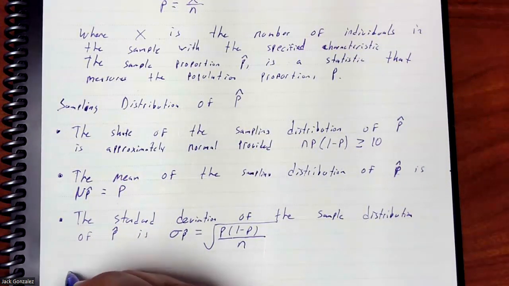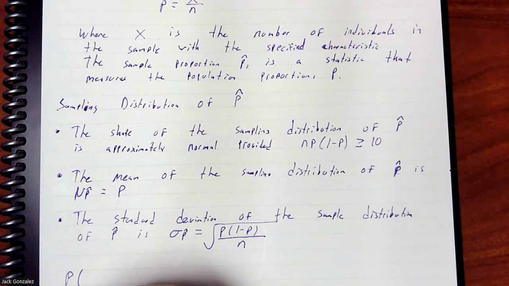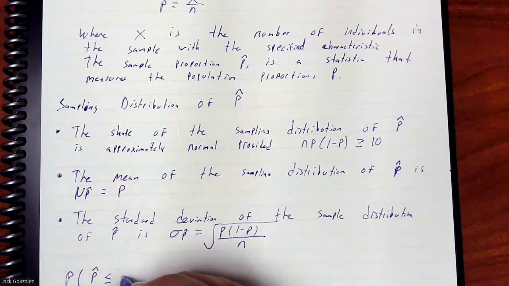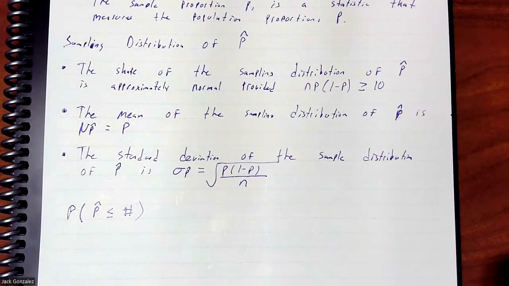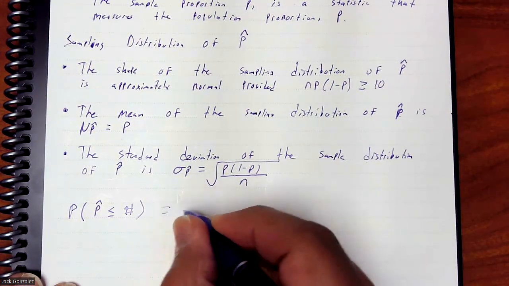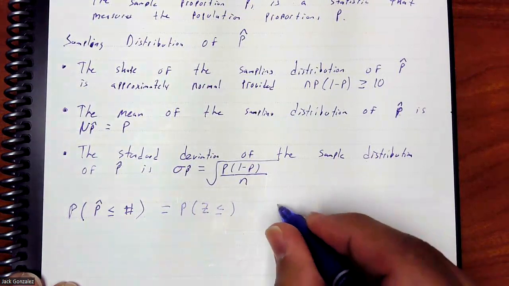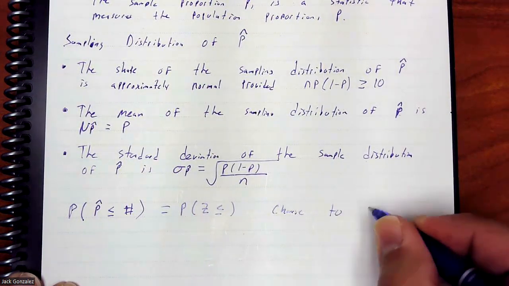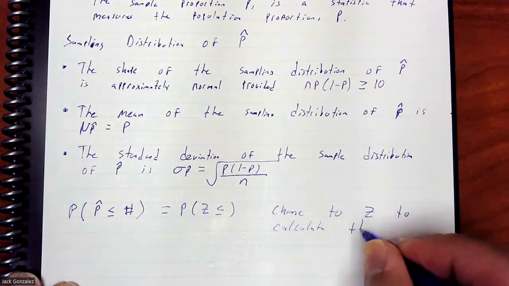So the probability that P hat is less than or equal to some number, you would have to change it to Z to calculate the probability.